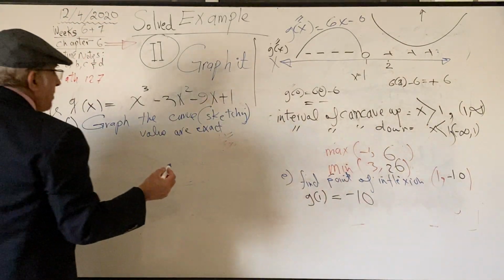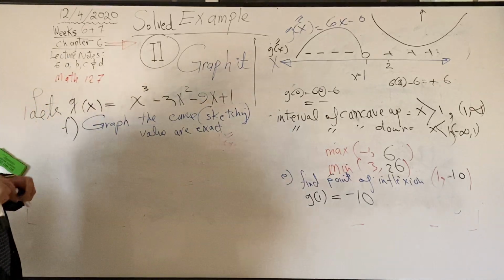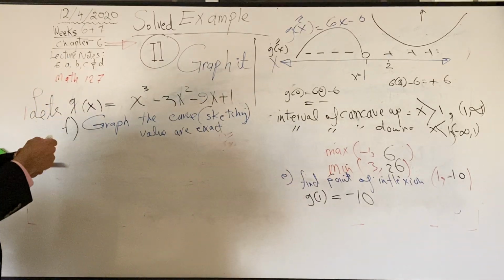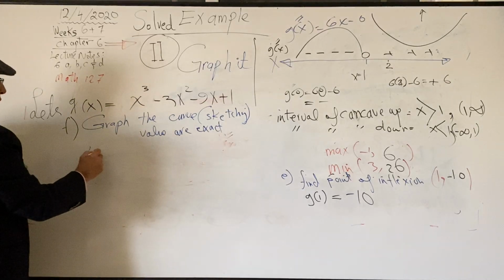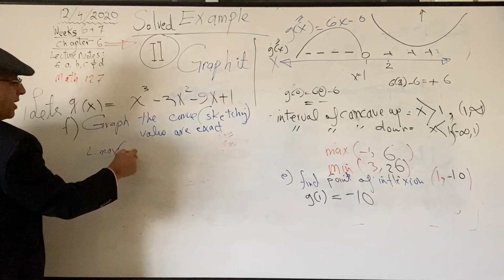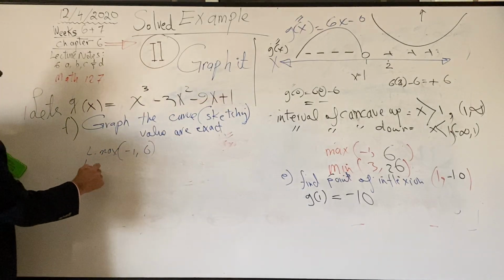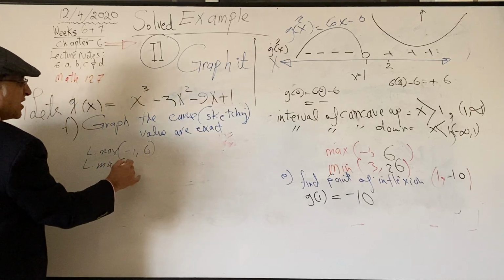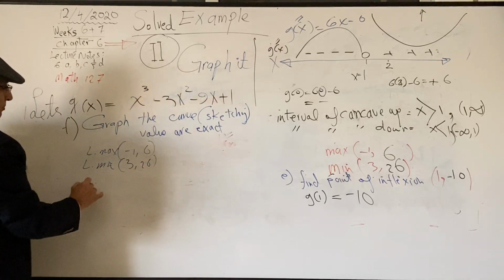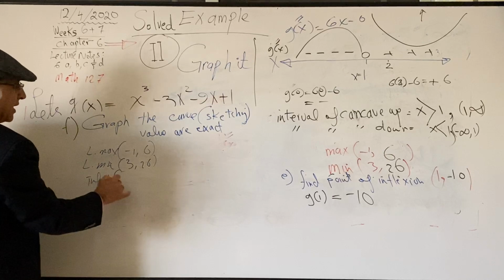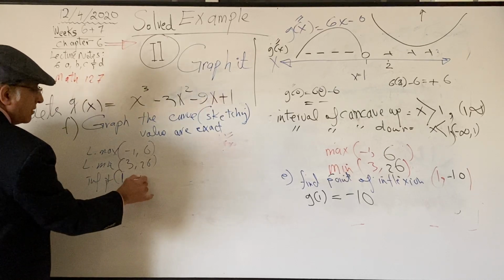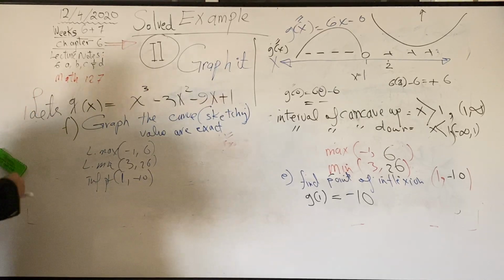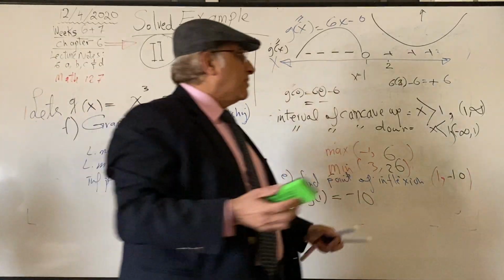Let's draw my x and my y axis. All right? So why don't I summarize what I have over here? My local max, minus 1 and 6. My local minimum, it's 3 and negative 26. My inflection point, it's 1 and negative 10. Why am I doing this? So I'm going to clean this part.